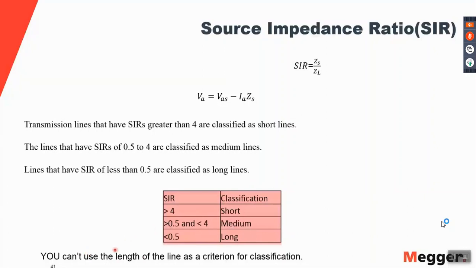You cannot use the length of the line as the criterion for classification. You have to calculate the SIR using one of the many available methods for calculating the SIR, and then make the decision, because a line that may be short in terms of miles could be long in terms of impedance, and the other way around. Okay? So keep that in mind.